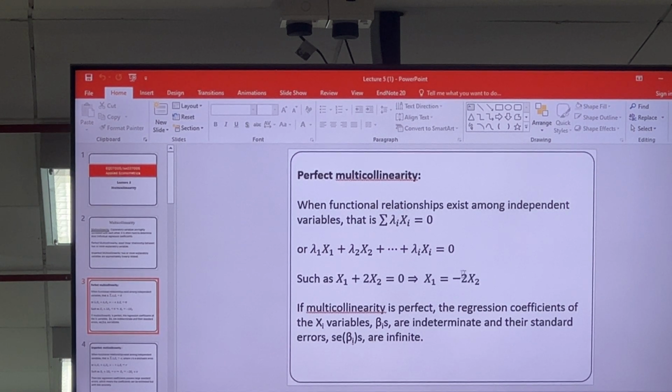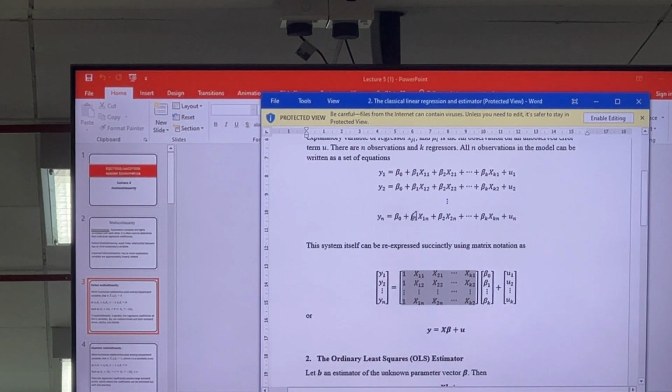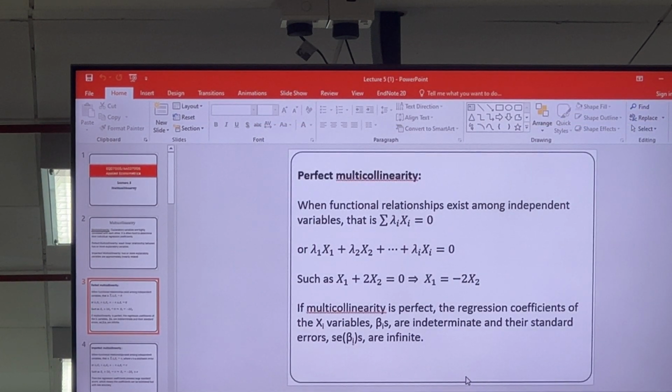So we have perfect collinearity between x1 and x2. If multicollinearity is perfect, then the regression coefficients, beta 1 and beta 2, are indeterminate, so we cannot identify their values, and the standard errors (SE) are infinite. So that's the implication.